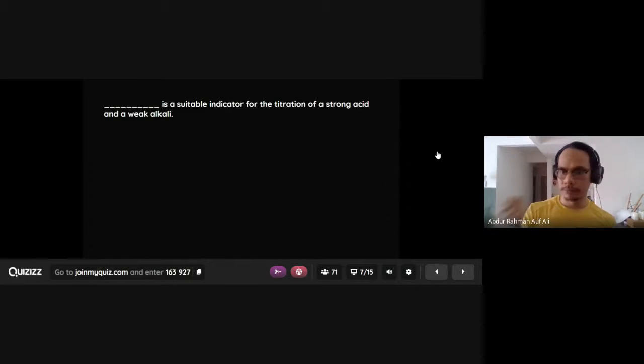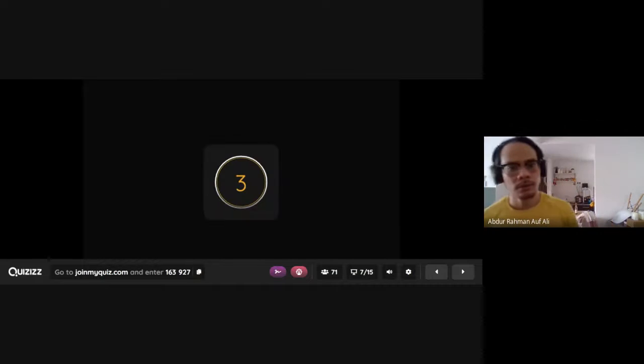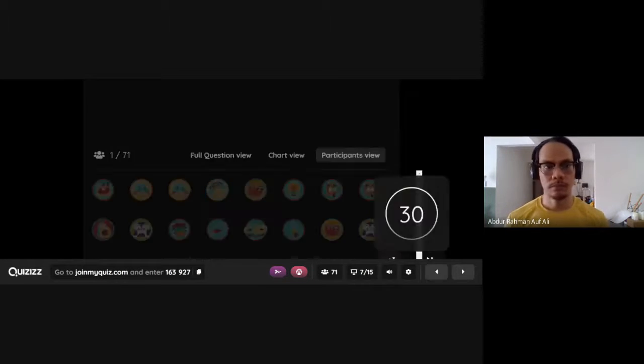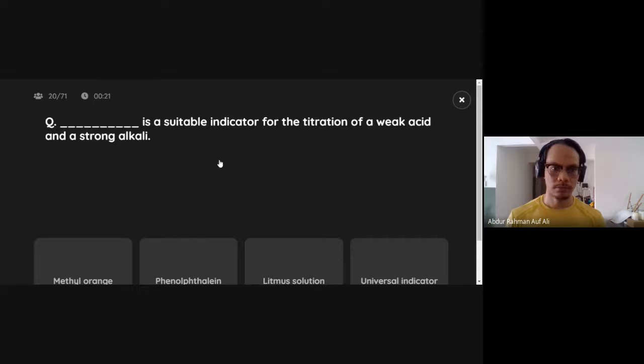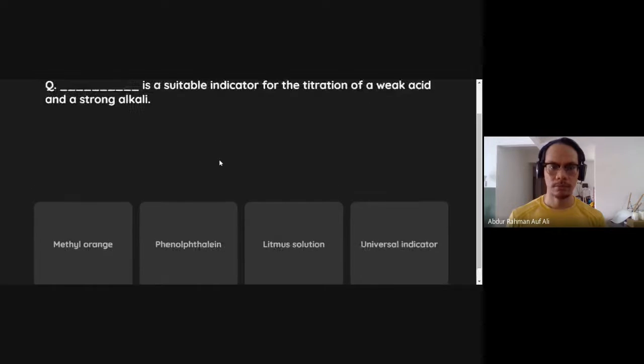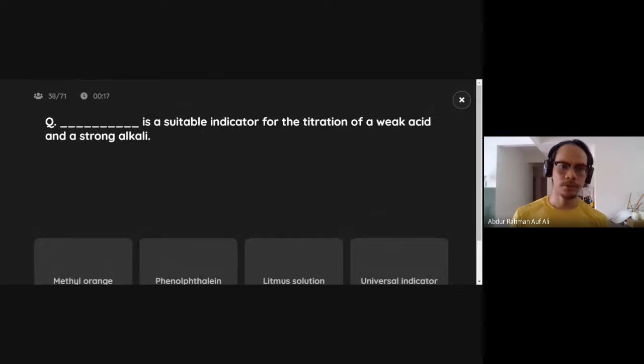Next question. Blank is a suitable indicator for the titration of a weak acid. Is this the same one? Not sure. We wait, tengok.